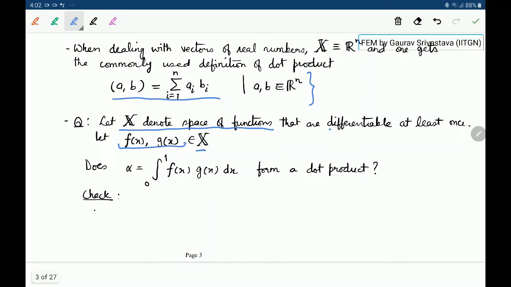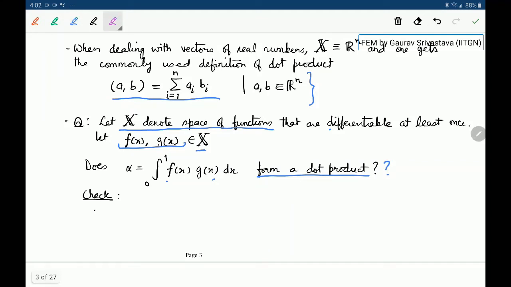Now, let's say these are all finite within the domain 0 to 1. So if we define alpha, a scalar, a real number, equal to the definite integral 0 to 1 of f of x times g of x, does this form a dot product? Or does it satisfy the properties of a dot product?